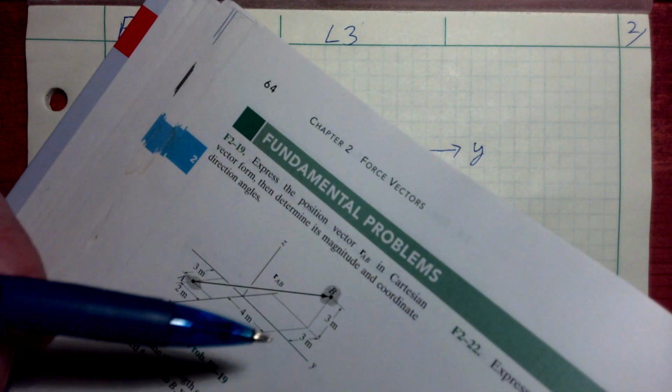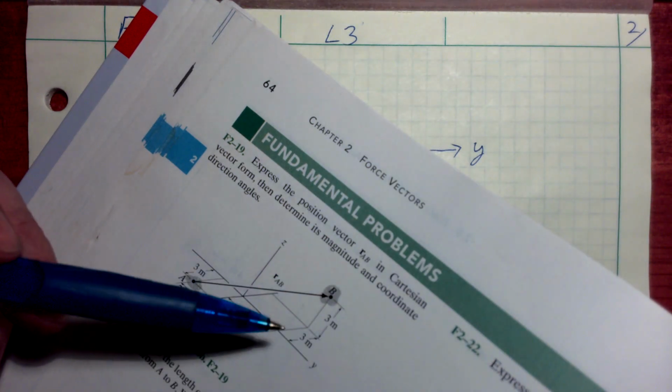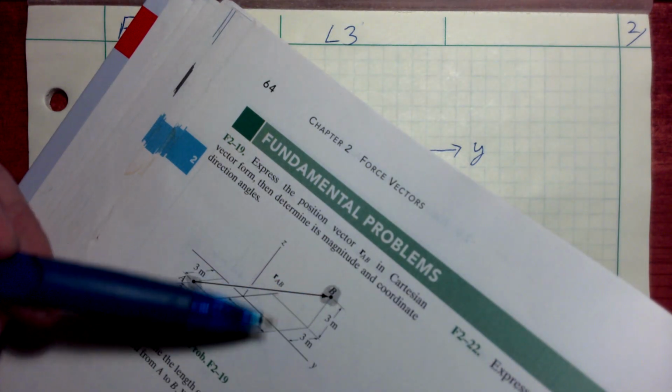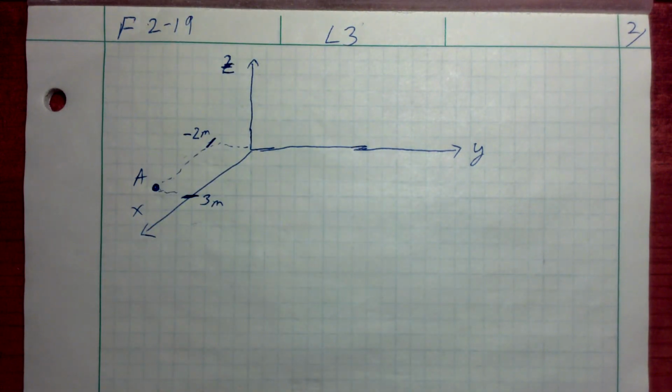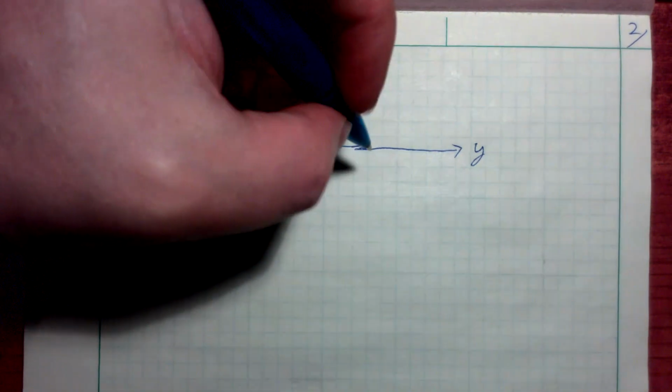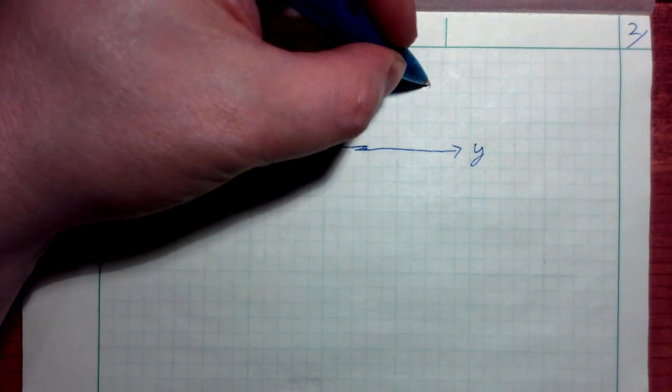This is just in the XY plane. And then B is out here. No, this actually has X, Y, and Z components. Point B does. So we'll draw it out there. Looks like it's got a negative X component, so it is out here. Point B is out here somewhere.